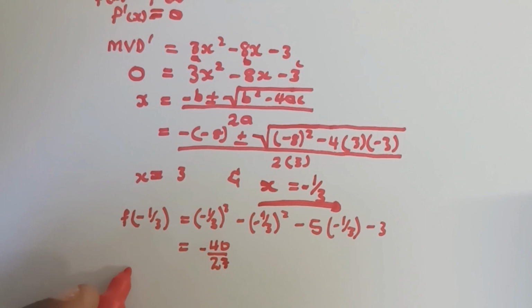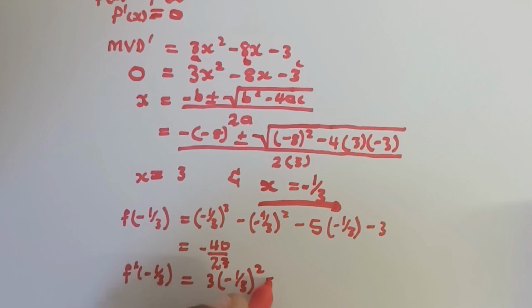And then for f prime at negative 1 over 3, we have 3 into negative 1 over 3 squared, minus 2 into negative 1 over 3, and then negative 5. There we get a value that is negative 4.